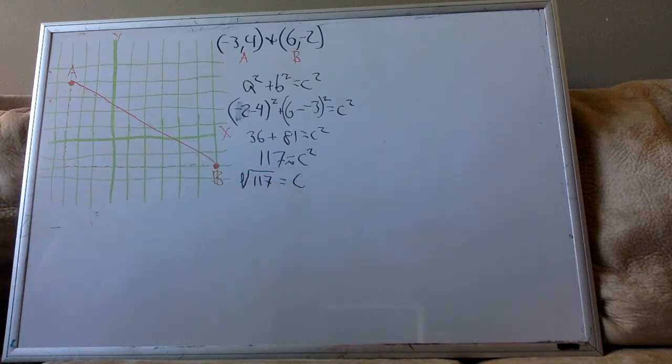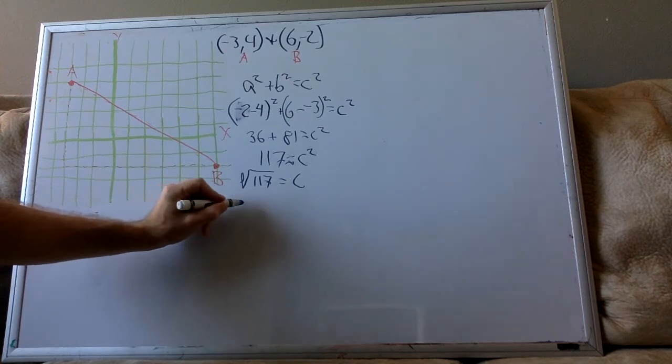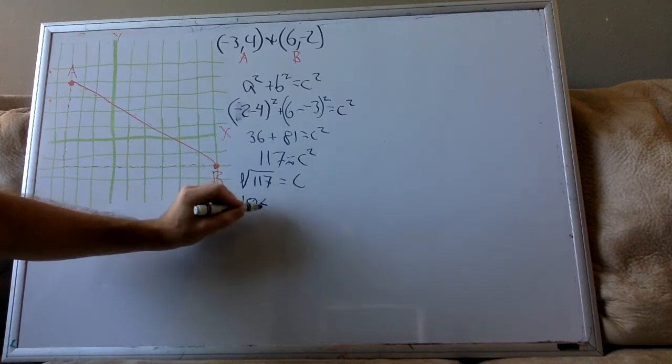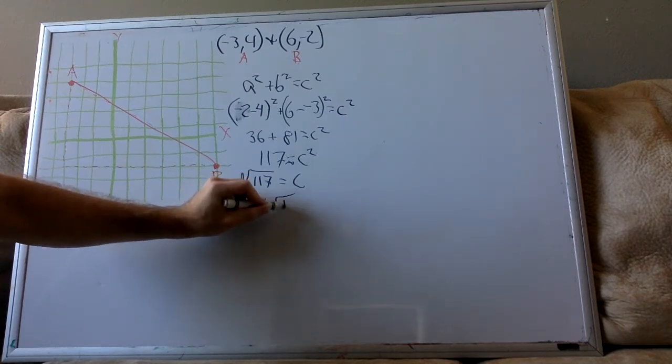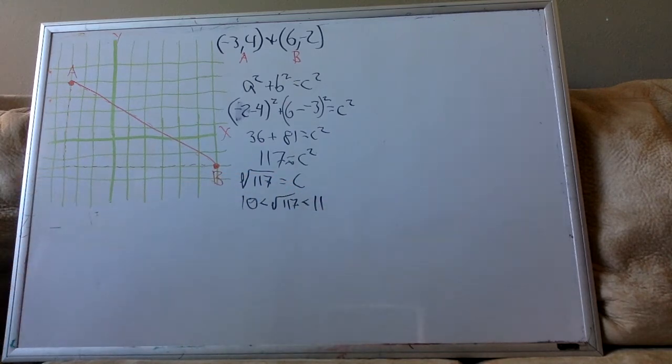So that's the distance. And if you think of the square root of 100 being 10 and the square root of 121 being 11, this is somewhere in between 10 and 11 units. And hopefully that seems reasonable.